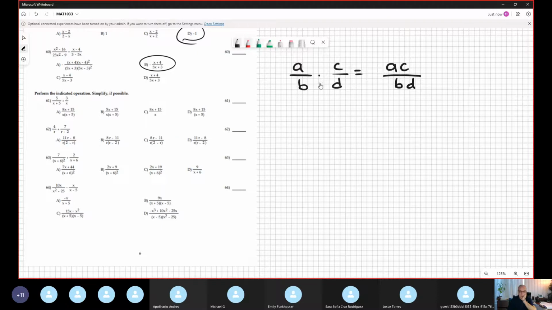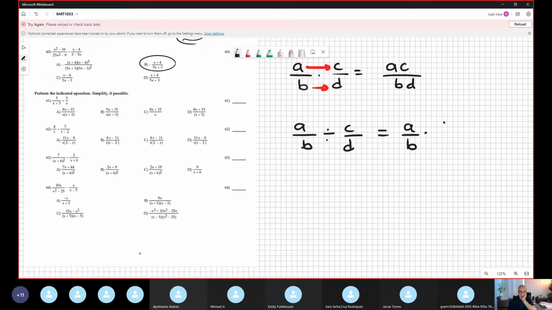Top, bottom. Division is a little bit different, a little bit, not too much, because we flip it. You copy A over B times D over C, and now multiplication: AD over BC.